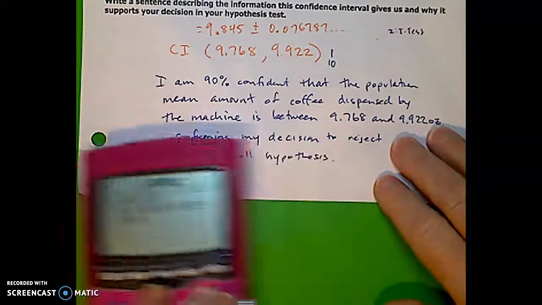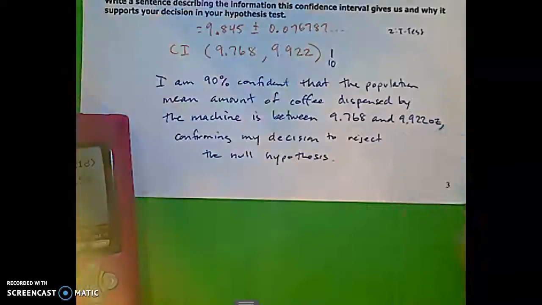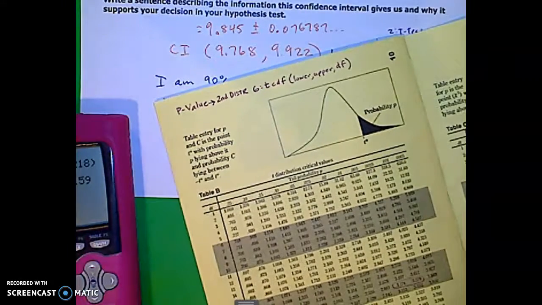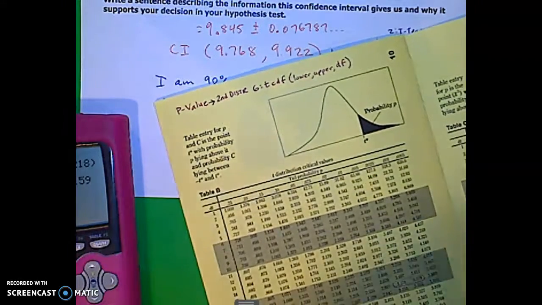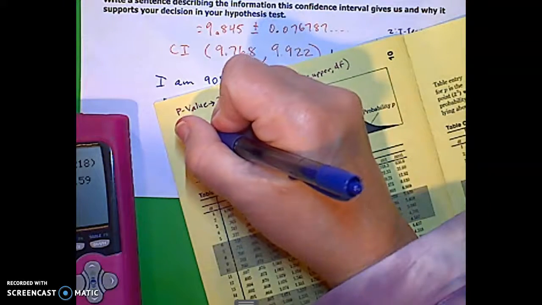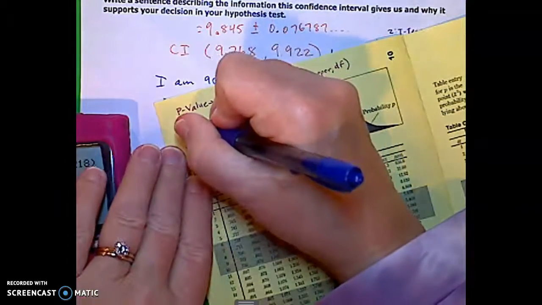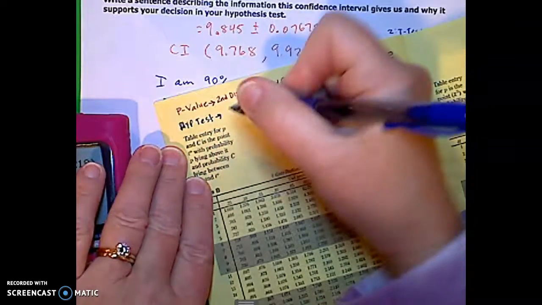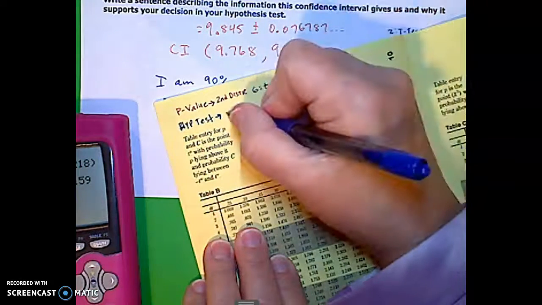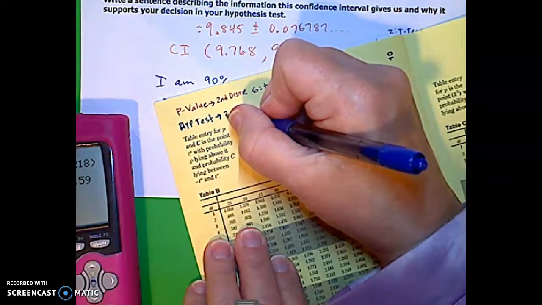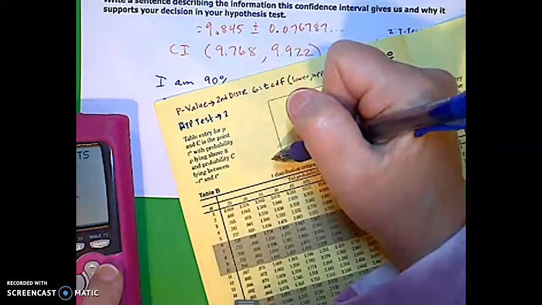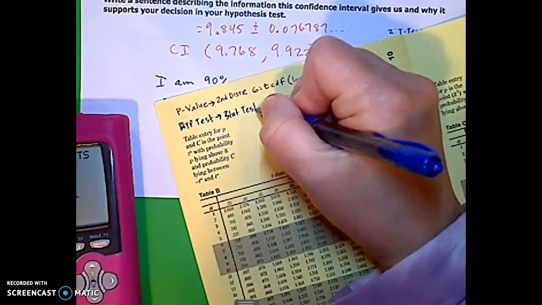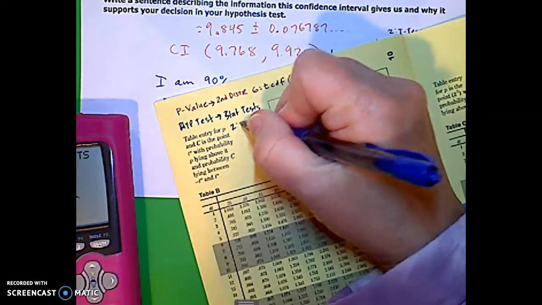Alright, let's copy these 2 tests onto our yellow book. So we have, let's write this, hypothesis test. It's stat tests, number 2, t-test.